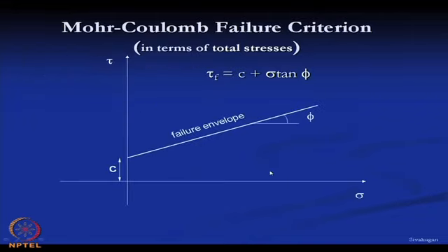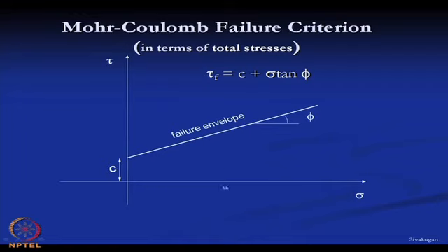Now, we can draw this as the Mohr Coulomb failure envelope. This is the envelope, this is the sigma axis, the normal stress axis, and this is the shear stress axis. If any Mohr circle touches this envelope, that means failure will occur.